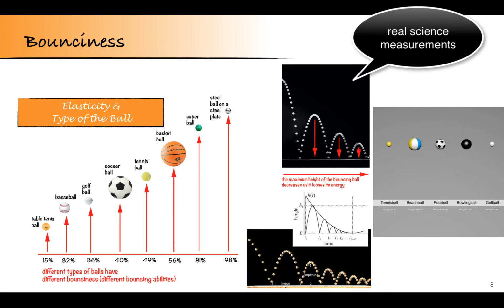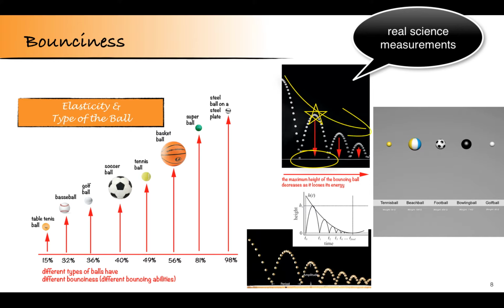So in real physics, we measure the amplitude, the height of each bounce. We also measure the period, which means the time between two consecutive bounces. And regardless of the ball, regardless of what surface we are experimenting on, the physics is telling us that there is always an attenuation.